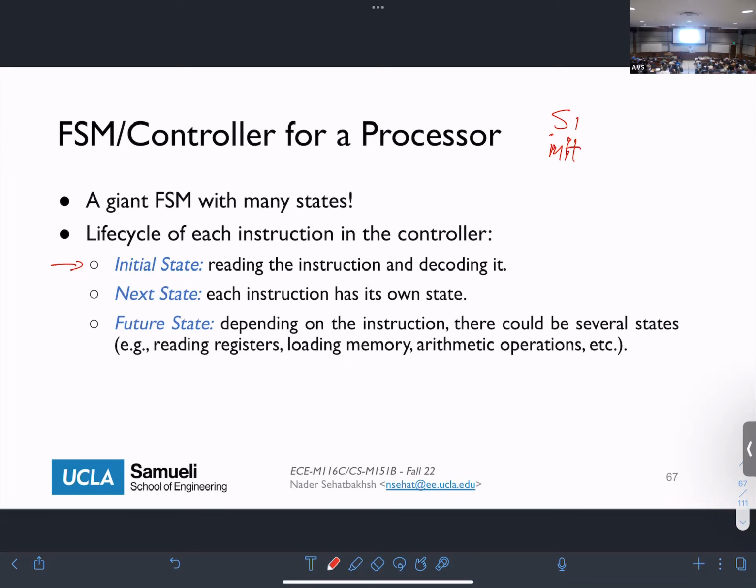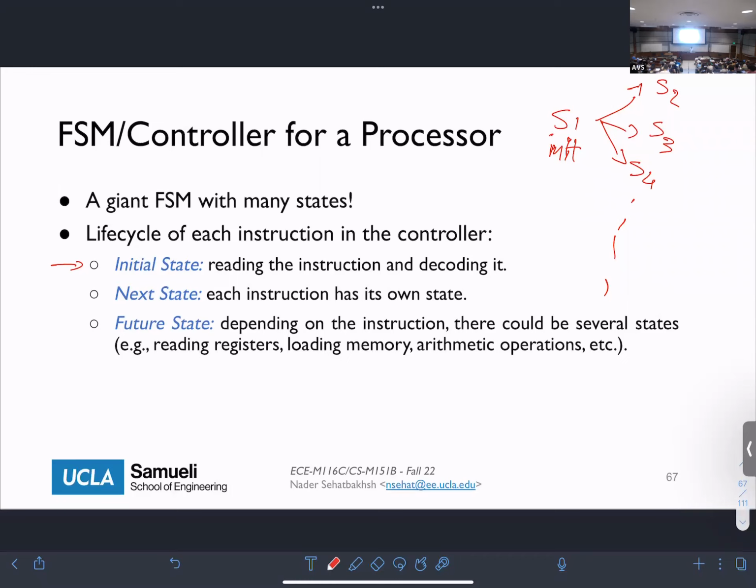Then, depending on what this instruction is, we're going to transition to another state, whether you want to call it S2, S3, or whatever. There are many of these because there are many different instructions. Some of them may go to the same state, some of them may go to a different state, and so on. So depending on what instruction this is, we jump to that specific state.